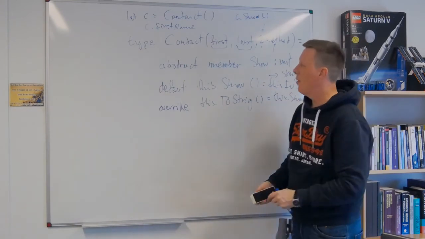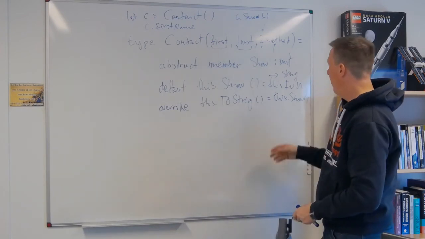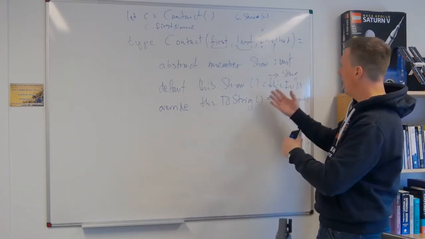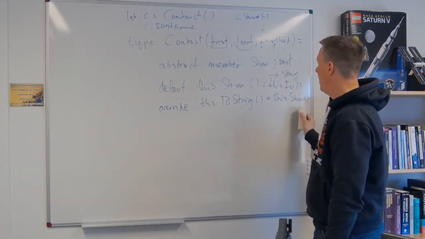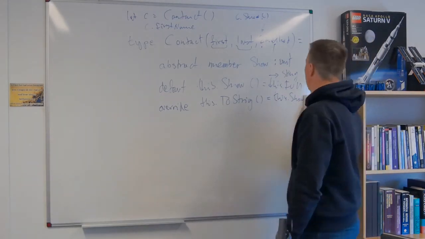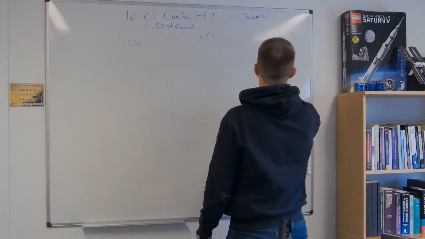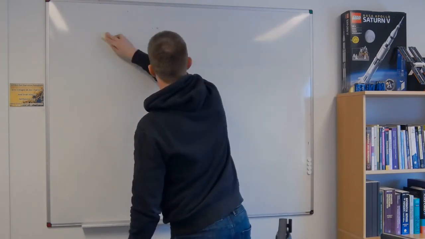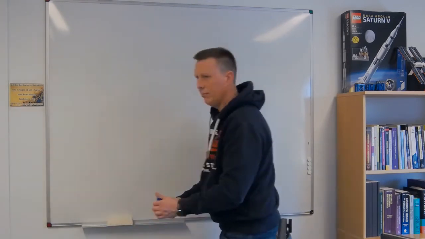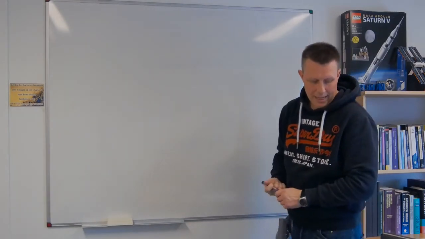And suppose now that I want to have one which has a slightly more elaborate way of showing the stuff, printing itself in a nicer way. So now I can actually inherit from this class. Okay.